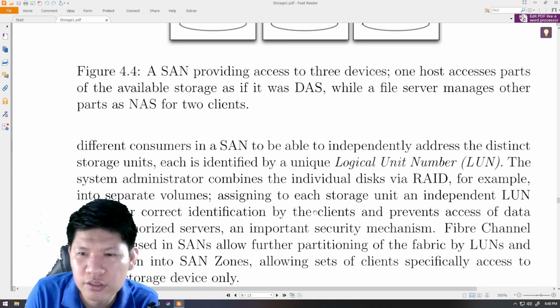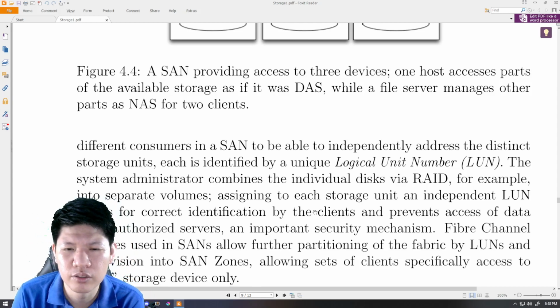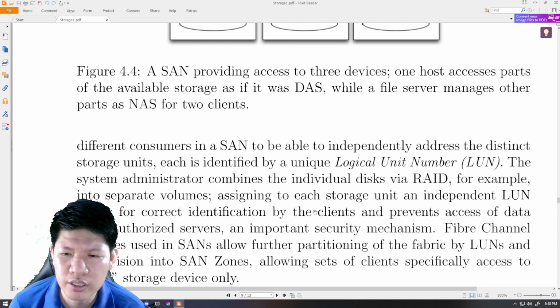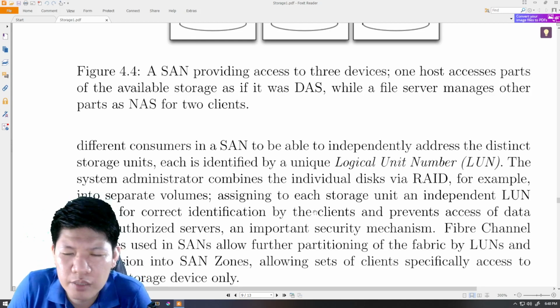SAN provides access to the devices. Different consumers in the storage area network need to be able to identify and address the distinct storage units, so each is identified with a LUN, or logical unit number. The system administrator combines the individual disks via RAID.